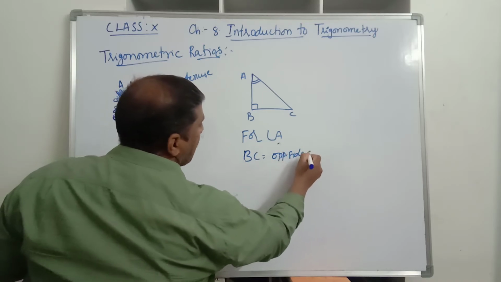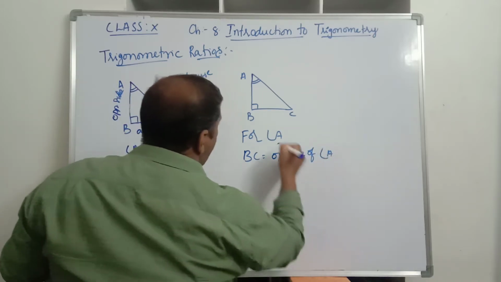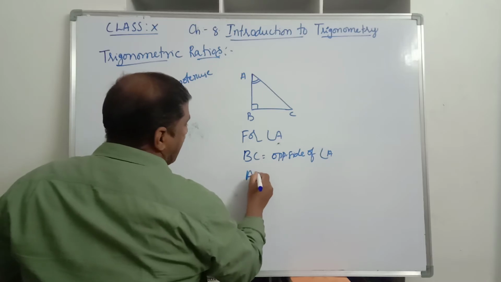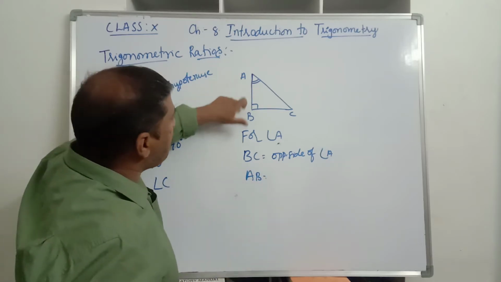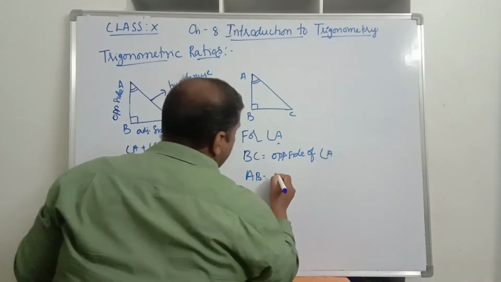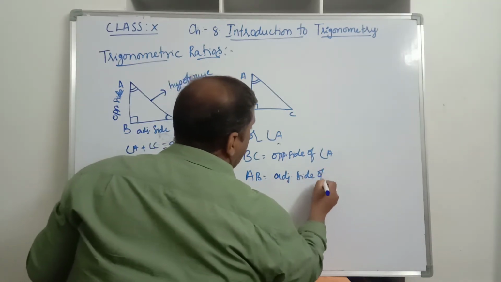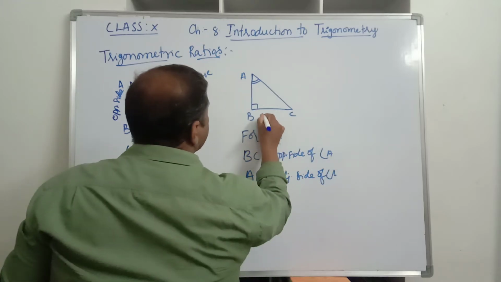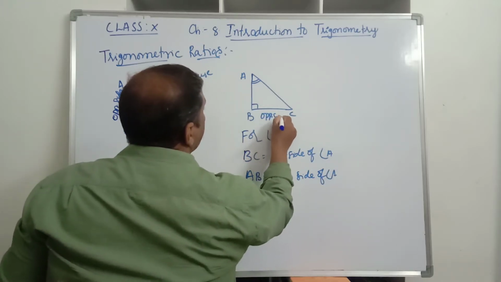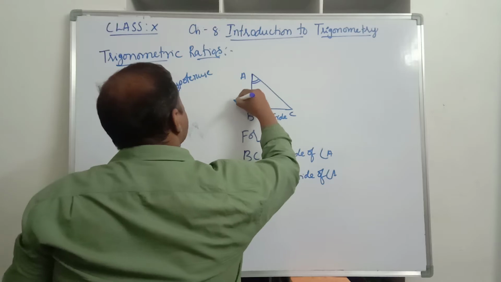And AB is adjacent. Therefore AB is the adjacent side of angle A. So here BC is the opposite side and AB is the adjacent side.